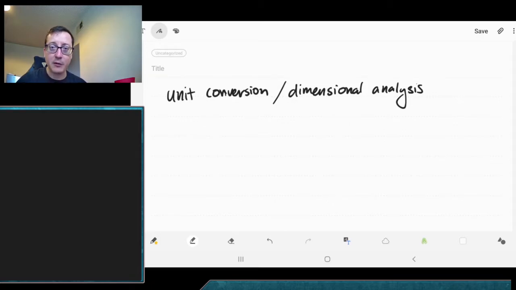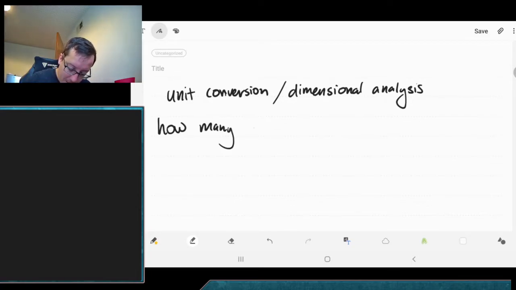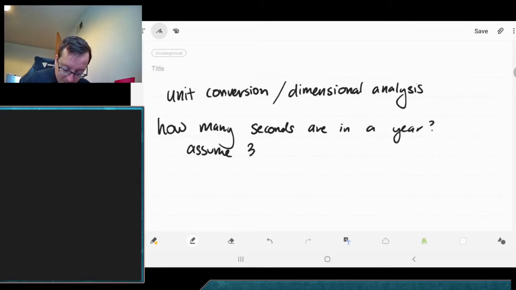And if we were to start with something that you already know how to do, we could ask, how many seconds are in a year? Let's assume 365 days, just in case of leap year problems and all that.